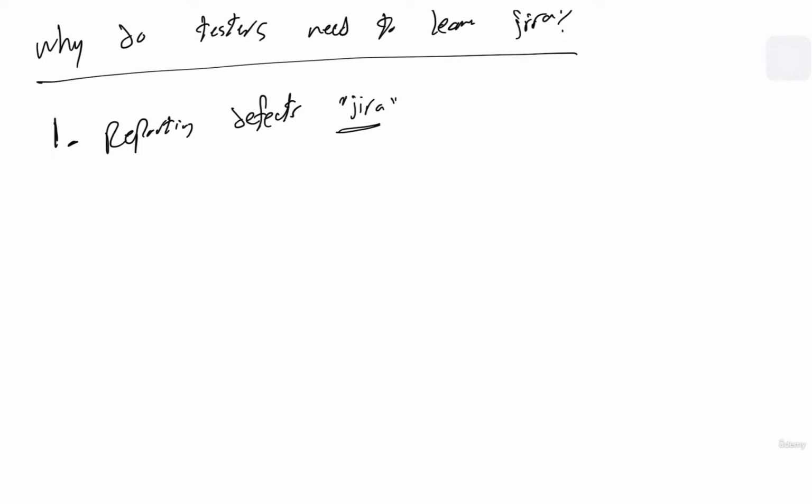So you joined a team in a company, and on the first day you began reviewing the requirements. No one will begin to teach you how to reach the product backlog, or how to read the user stories and the acceptance criteria, or how to report a defect report and assign it to the appropriate person. Me as a manager, I expect you to know all this information before coming to my company. So this is the first reason.